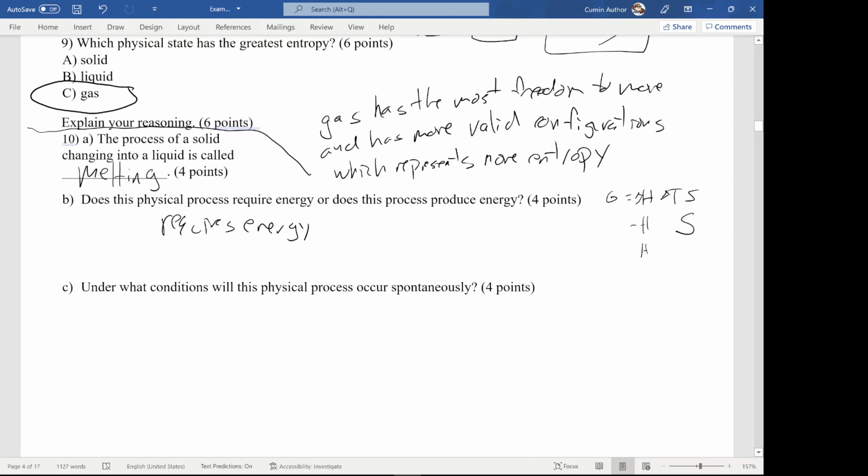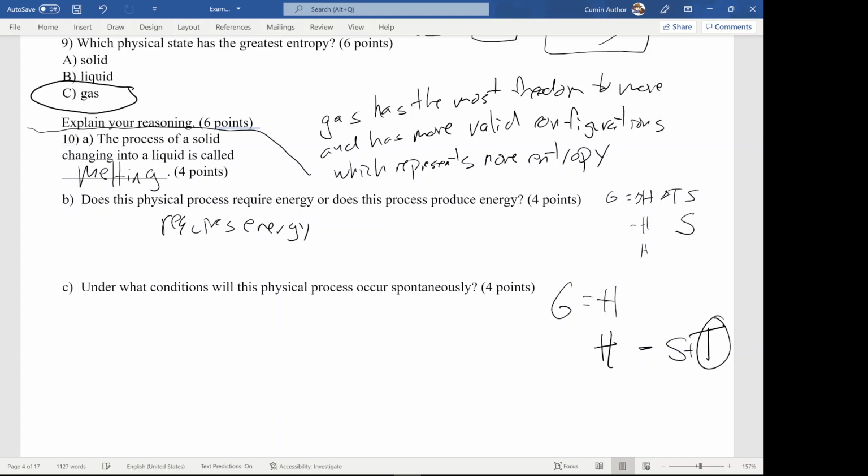Under what conditions will this physical process occur spontaneously? When will we spontaneously see things melt or spontaneously turn into a gas? And then again, that answer is here in the equation. If our enthalpy is positive and our entropy is positive, we need to get the entropy to be worth more than the enthalpy, and that is with the temperature.